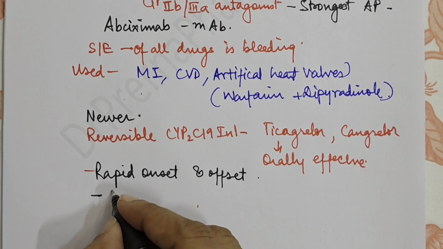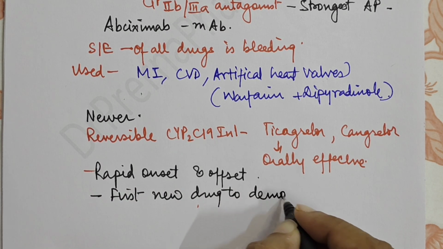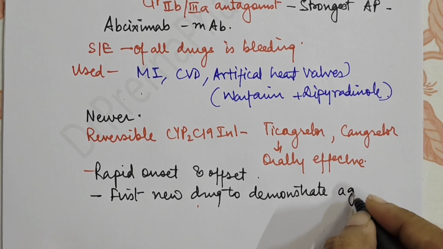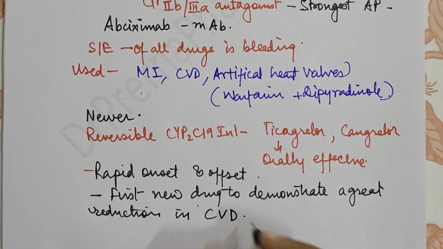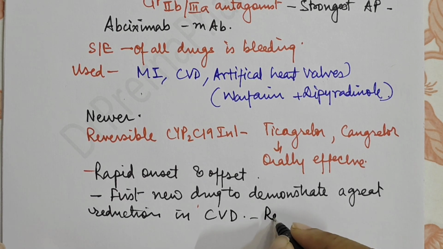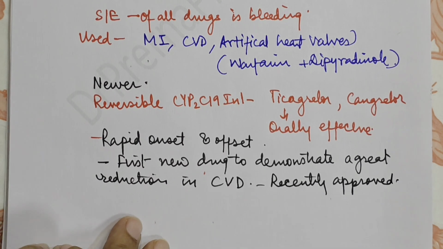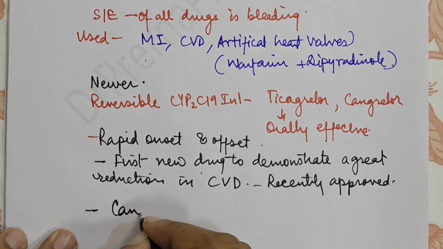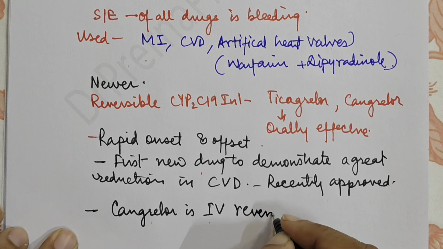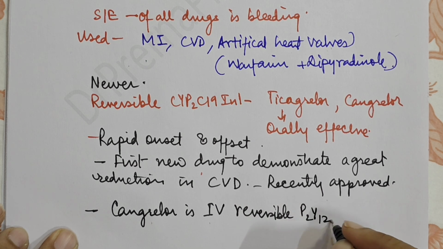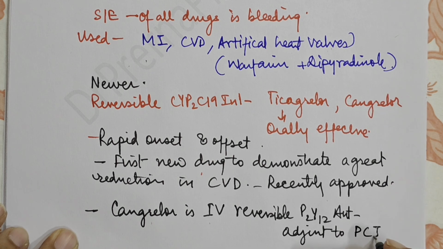They are the first new drugs to demonstrate a great reduction in cardiovascular disease and cerebrovascular accidents, so they were recently approved by the FDA for the treatment. Another thing: cangrelor is given IV and it is a reversible P2Y12 antagonist, so it is given as an adjunct to PCI also.